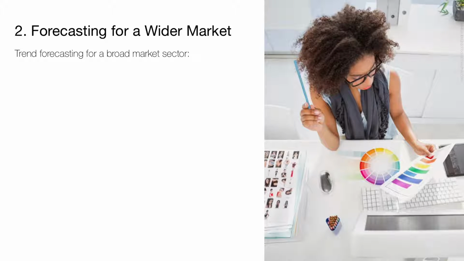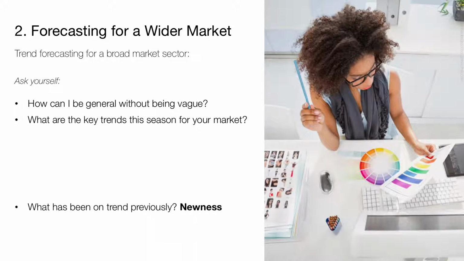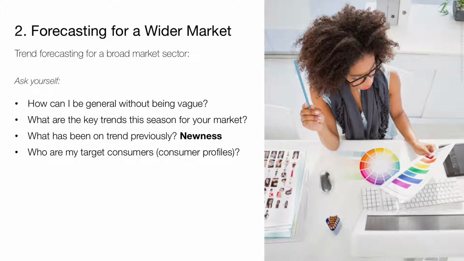The second type of trend forecasting is forecasting for a wider market, trend forecasting for a broad specific market sector, for example, children's wear. In this scenario, you need to ask yourself, how can I be general without being vague? What are the key trends this season that will target your market? What has been on trend previously? Again, you need to offer newness. You can't offer a trend that's already been in stores perhaps, or that other trend publications have done for a previous season.